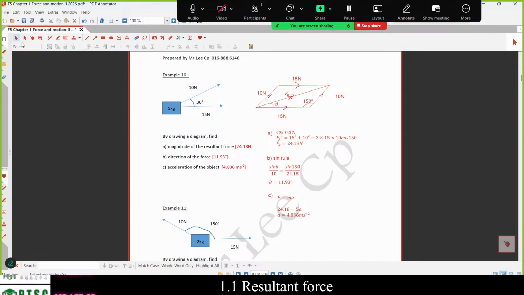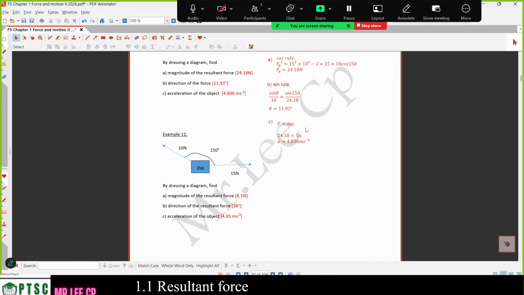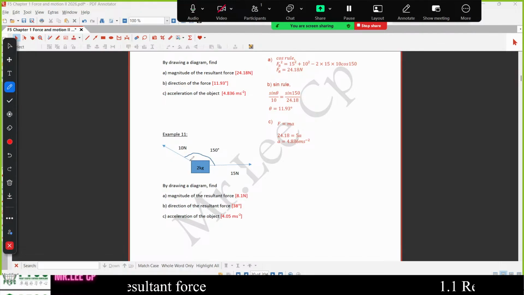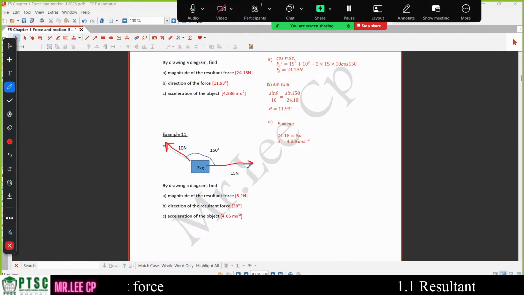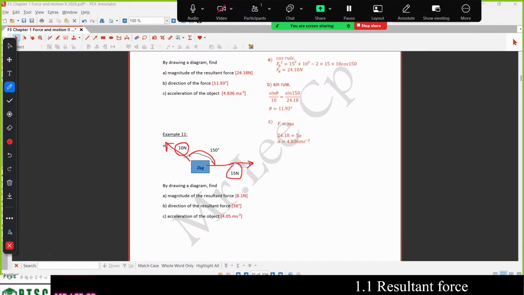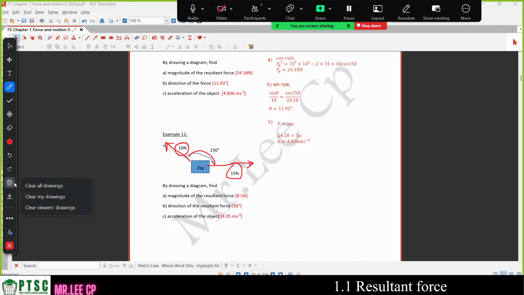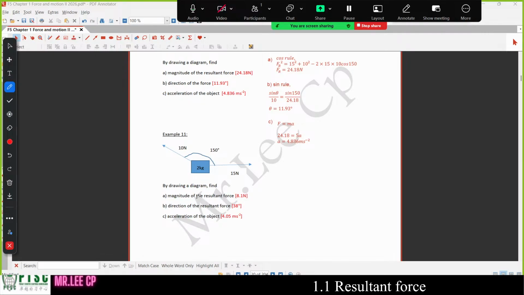This one, no need to spend too long on it because you will learn it in maths. How about if I have two forces? For example, I pull here, you pull here, so the angle is 150, with 10 Newton and 15 Newton. Using the diagram, draw the diagram first.